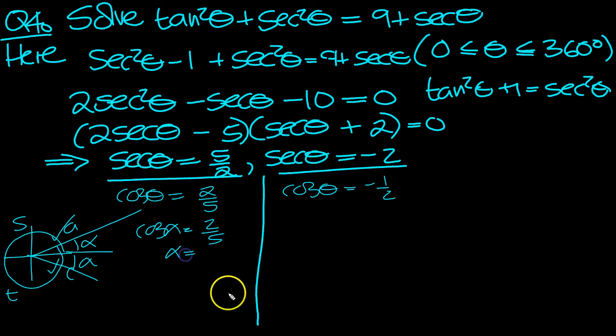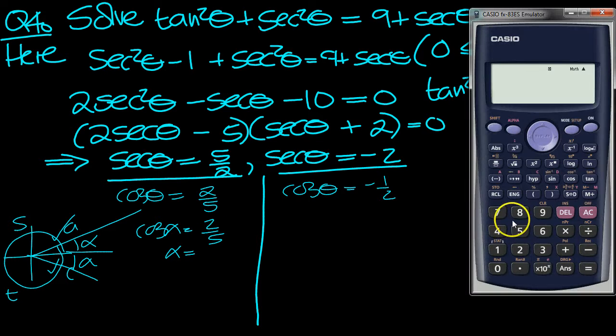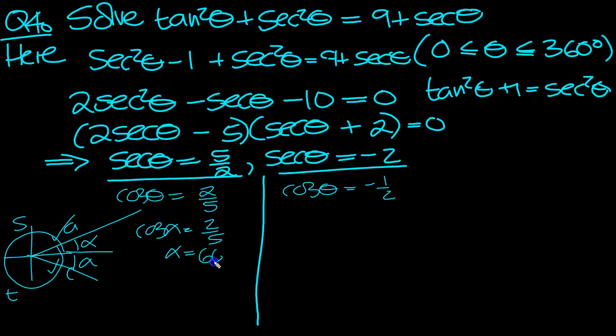So alpha is equal to shift cos 0.4, which is 66.4. So we can put that in the diagram here and here. So the first solution, you come around from 0 to here, simply 66.4 degrees.